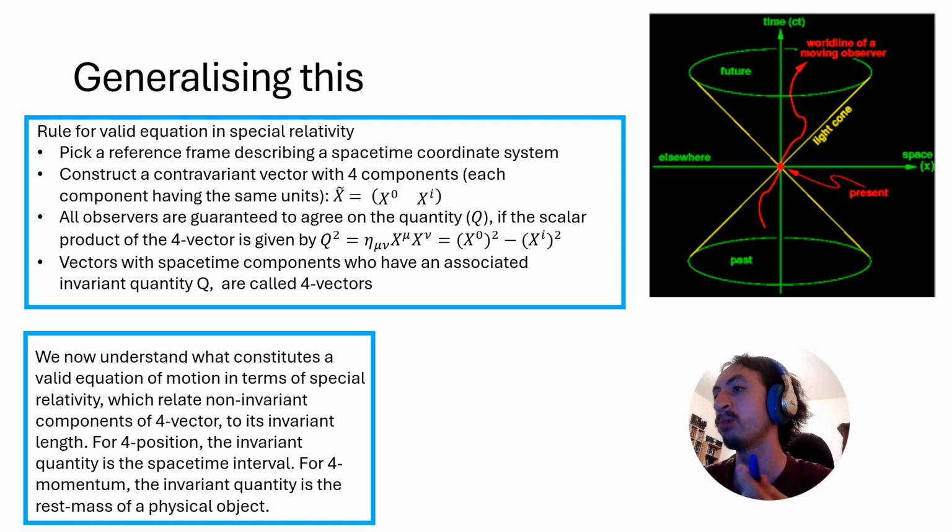And so special relativity ends up guaranteeing that the rest mass, that is how much mass an object has when it's not moving, is the same.